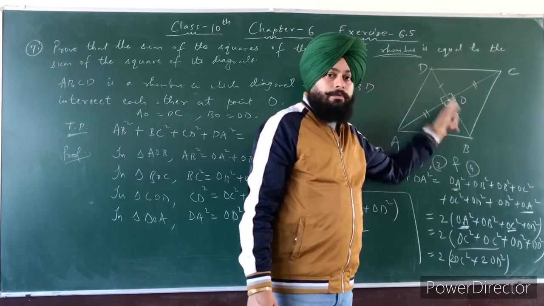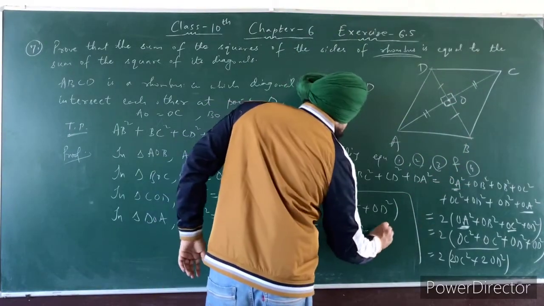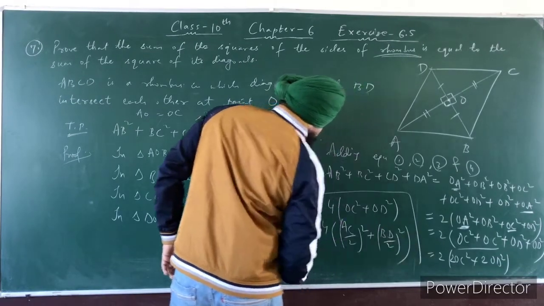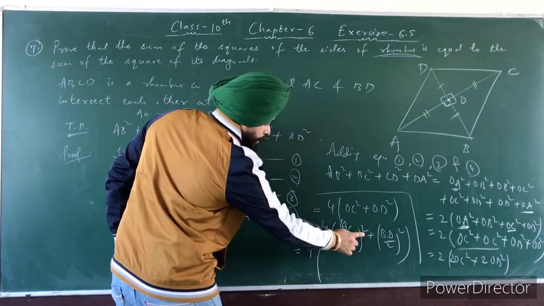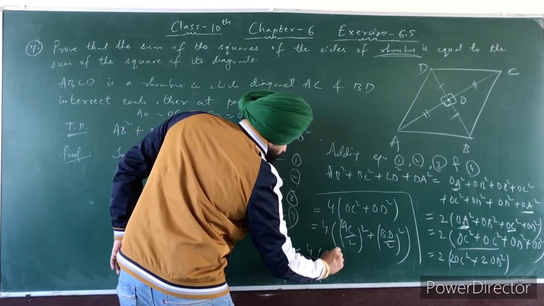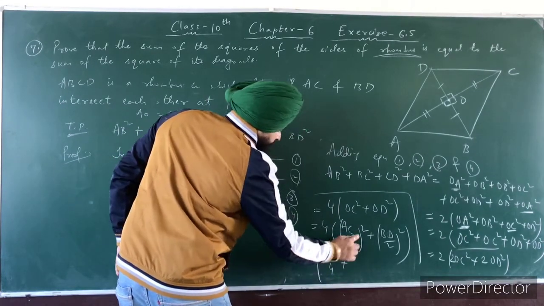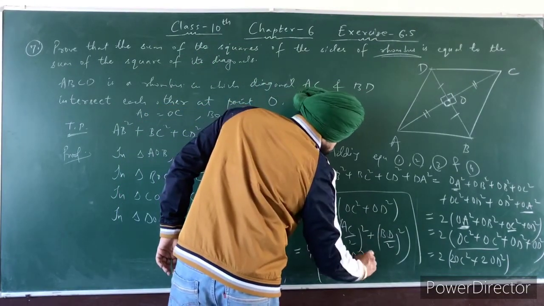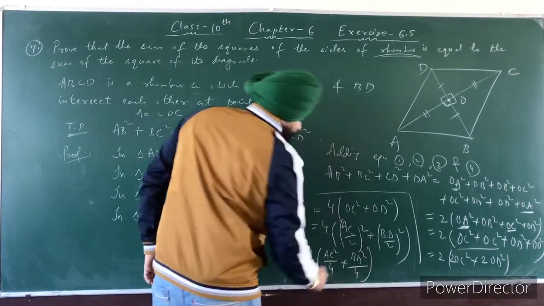BD. OD is half of BD. So right here BD over 2 whole square. Now opening the square, AC square over 2 square is 4, and the next term BD square over 2 square is again 4.